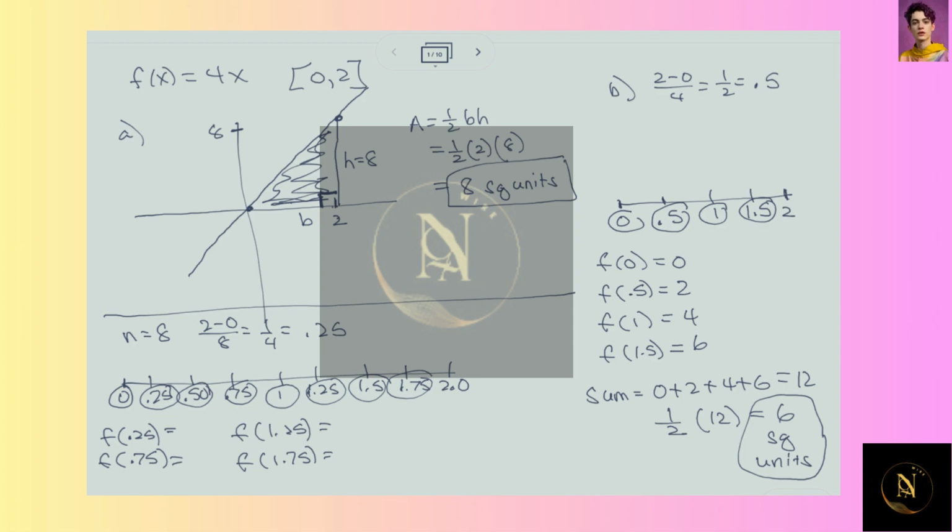So a quarter of 4 is 1. 3/4 of 4 is 3. 1.25 times 4 is 5, and 1.75 times 4 is 7. So to my sum of 12 from before, I'm going to add 1 plus 3 plus 5 plus 7.